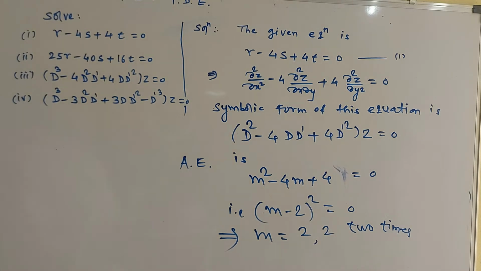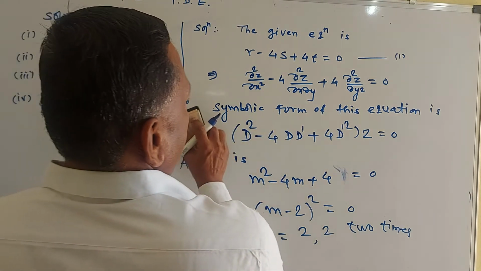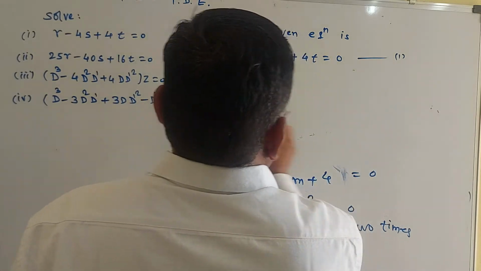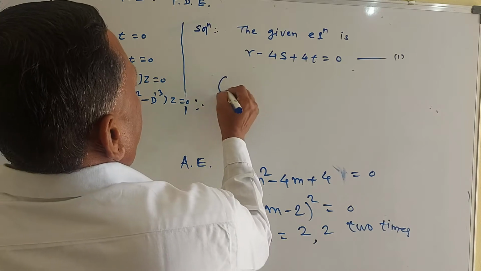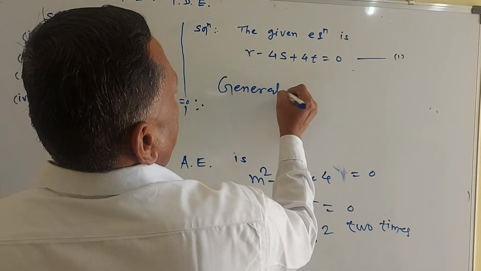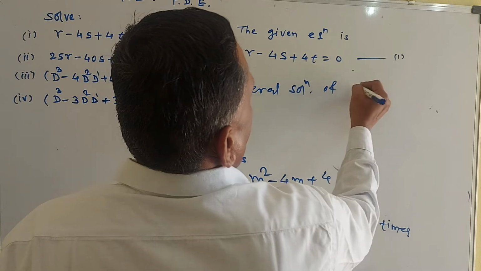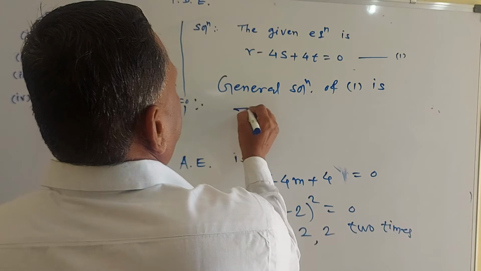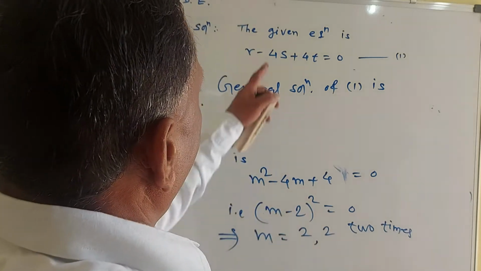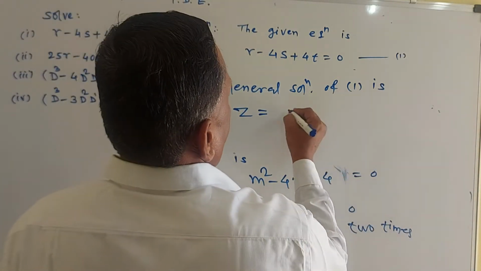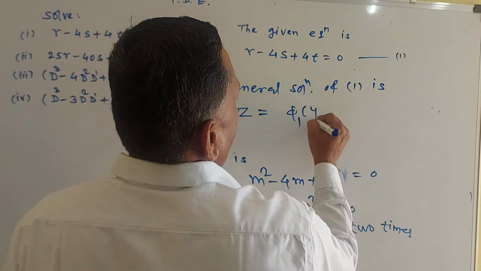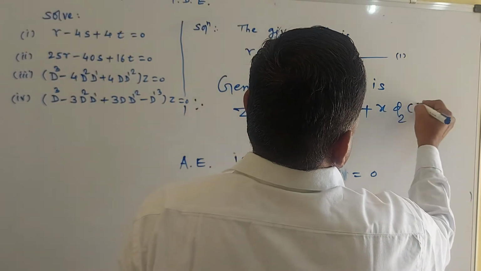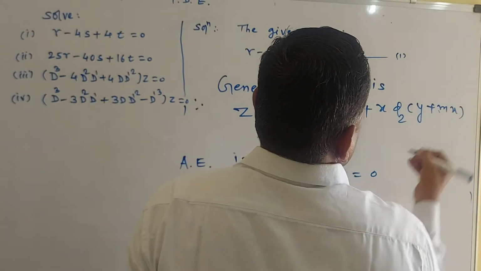Therefore the general solution of the given equation is z is equal to phi 1 of y plus mx plus x into phi 2 of y plus mx.